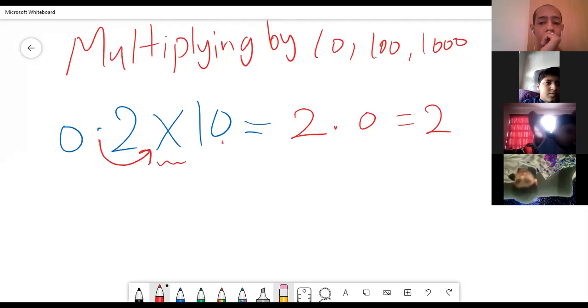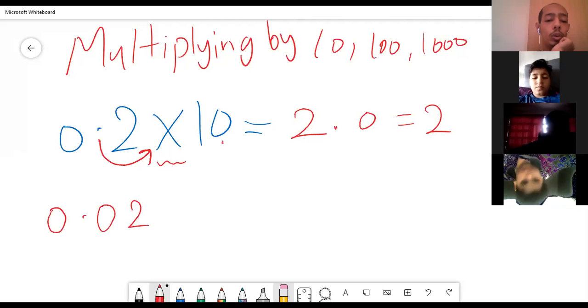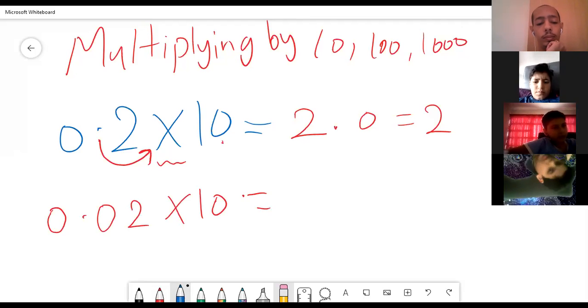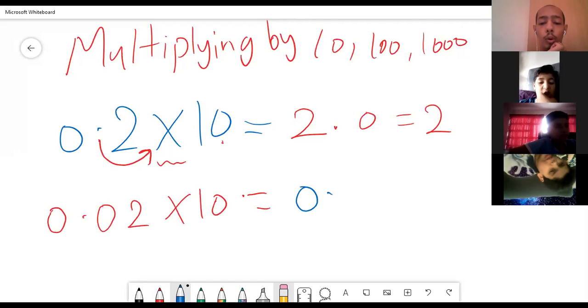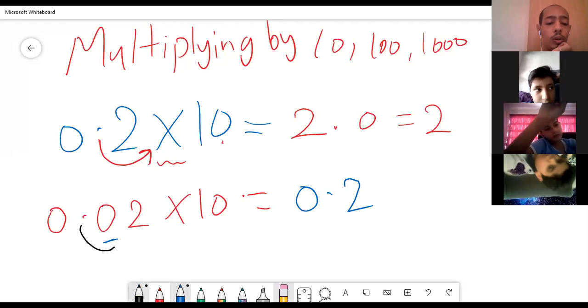Clear? What about 0.02 times 10? It's going to be 0.2, right? Why? Because we need to move the decimal point 1 place to the right.